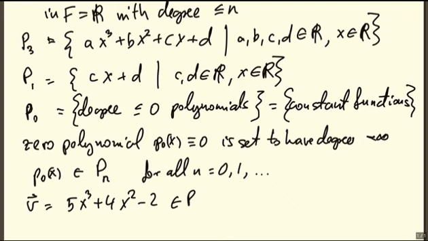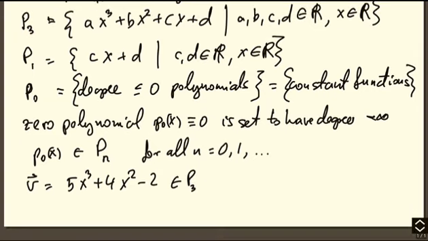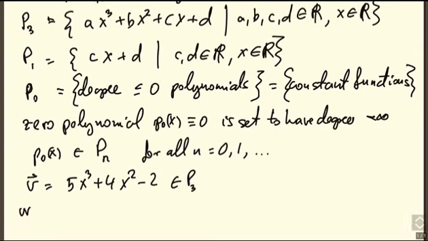That's in P3. And if you have another vector, w, it's a quadratic polynomial, x squared plus 6, but it's also actually in P3, since in P3 the leading coefficient a might actually be 0.